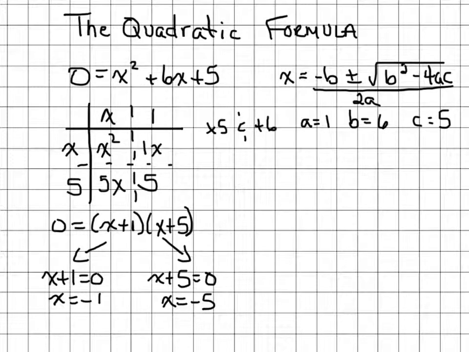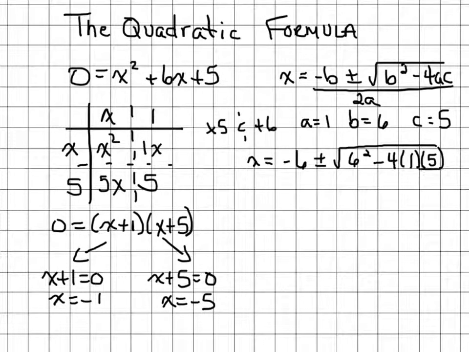Looking at the equation I have, a is equal to 1, b is equal to 6, and c is equal to 5. I'm going to substitute that into the formula. So I have x equals minus b, which is minus 6, plus or minus the square root of 6 squared minus 4 times 1 times 5, all divided by 2 times 1.